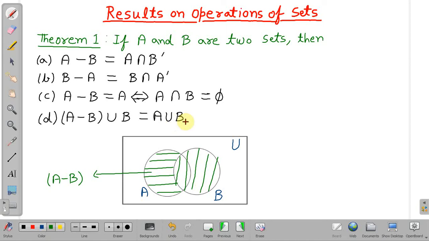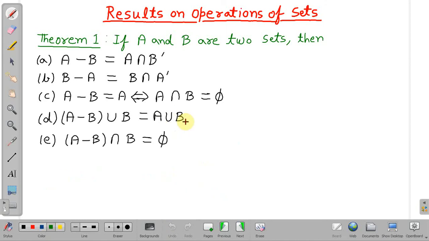Coming to the next result: A minus B intersection B equals phi. As we know, A minus B is all set A elements except those elements which are also present in set B. So if we take intersection with set B, it will be equal to the empty set, because we have already removed the B elements, so the intersection gives no elements.